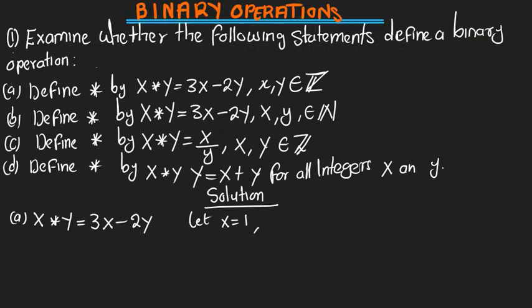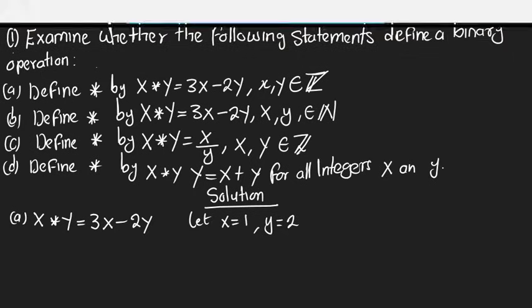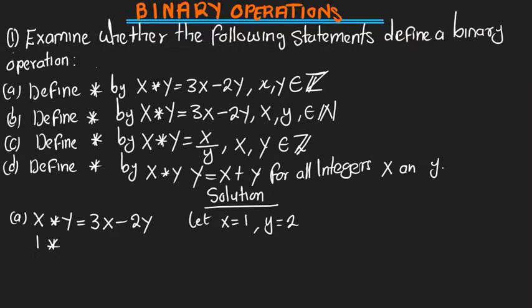So I can say my y can equal, let's say, 2. If this is the case, it implies that the operation we are making is 1 star 2.